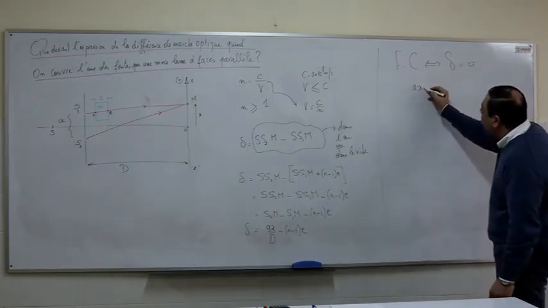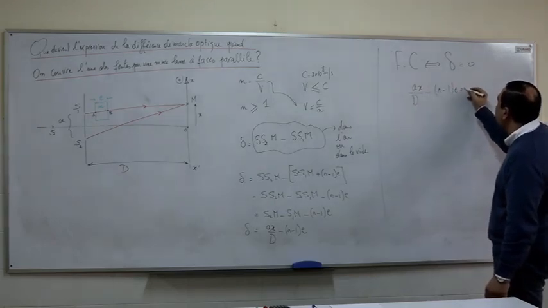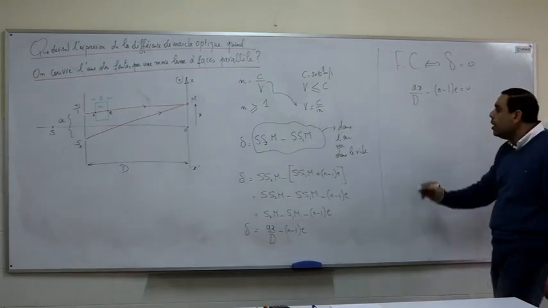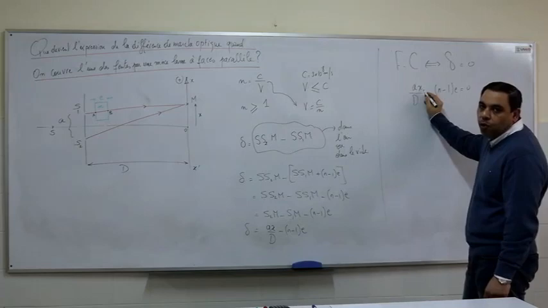As a result, AX over D minus (n minus 1)e is equal to 0. X is the abscissa of the central fringe, which is denoted as O prime.